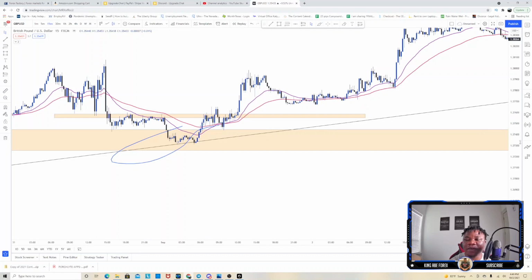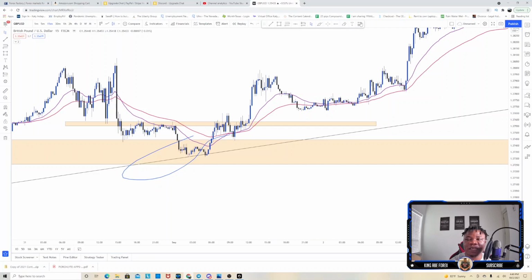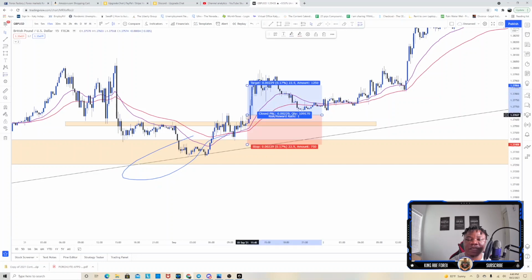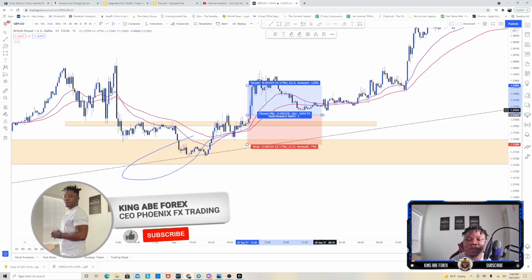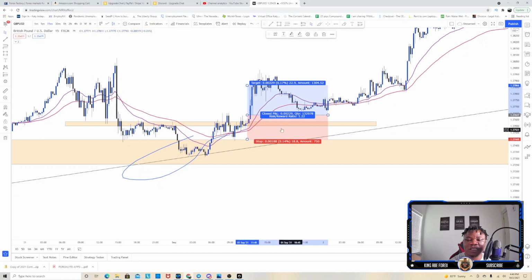Now I'll have my entry right over here once price breaks above structure, and I can have my take profit right over here just below this zone. We're looking at 18 pips, and for my take profit we can just go back to the 4-hour time frame, or we can use the 15-minute time frame as well.